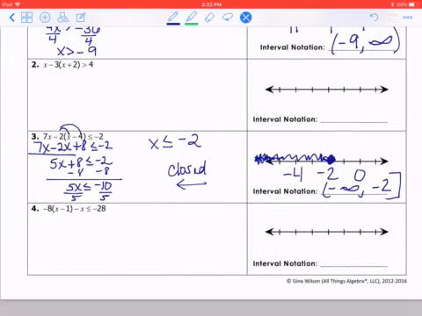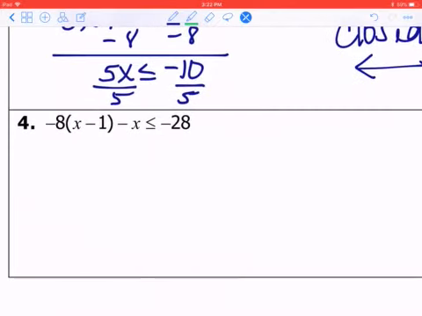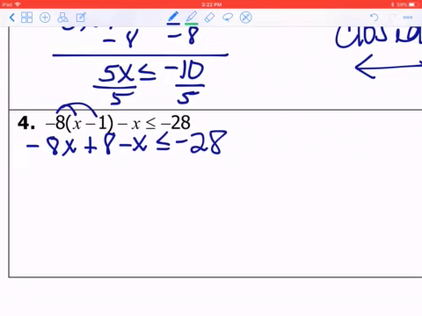Looking at number 4, we are going to distribute just like in the last one. Give you negative 8x plus 8, subtract x. Combine like terms, which is negative 9x.